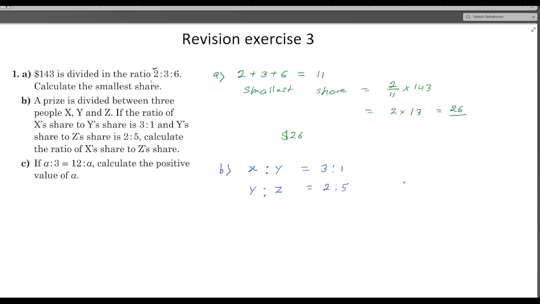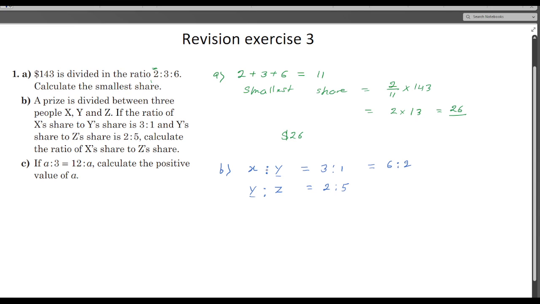So for that, what we will do, okay, we will make the Y share common. So in Y share Z, the Y part is 2. So in X ratio Y, if I want to make my Y ratio 2, what I will do, I will multiply both by 2. So 3:1 will be same as 6:2.